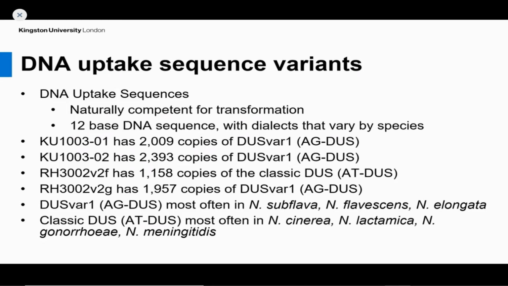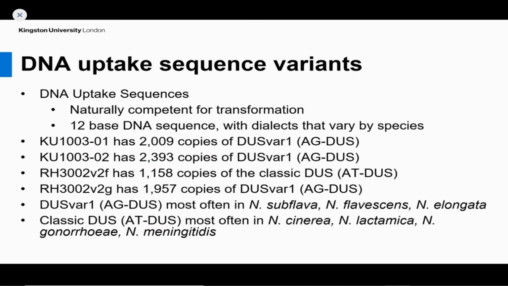This is a 12-base DNA sequence, and although Neisseria can take up DNA from any of the Neisseria species, there are some slight dialects that vary by species. And so we use this to give us an indication of which species we might be looking at and add to the body of evidence of species.